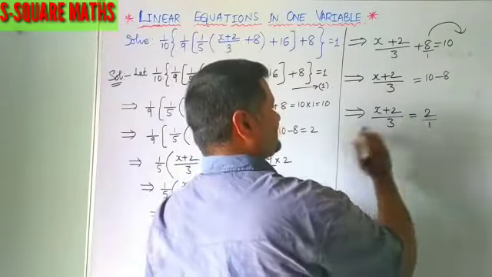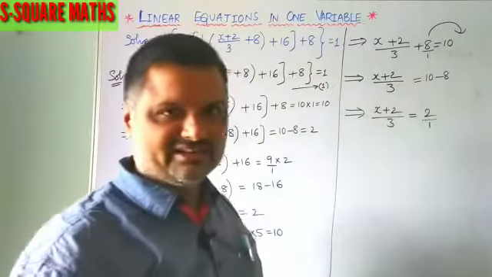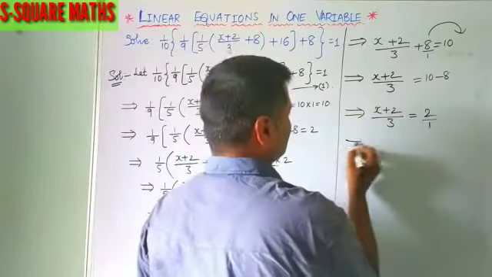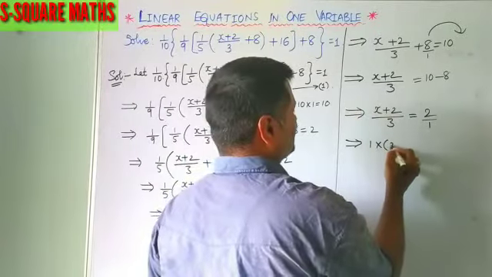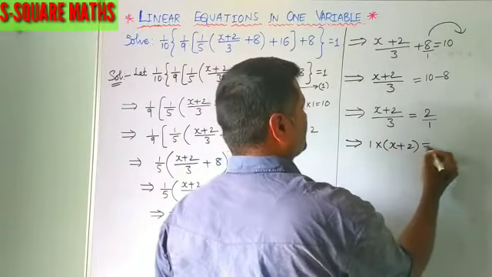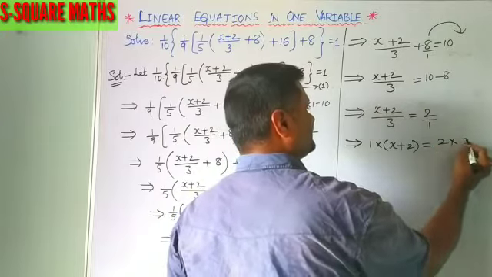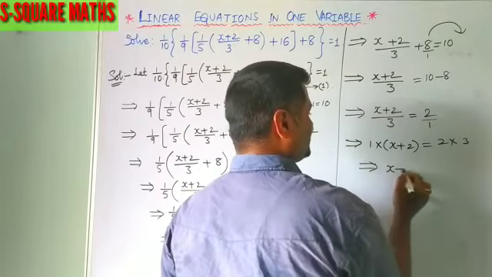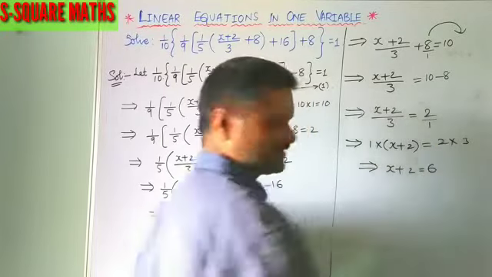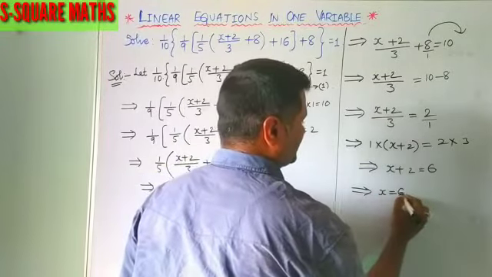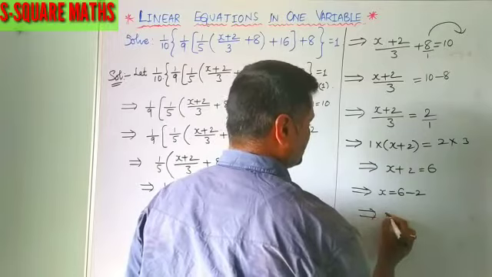Since LHS and RHS have equal to in the middle and the variable is x, by cross multiplication I can write x plus 2 is equal to 2 into 3, which gives you x plus 2 is equal to 6. So x is equal to 6 minus 2, which gives you x is equal to 4.